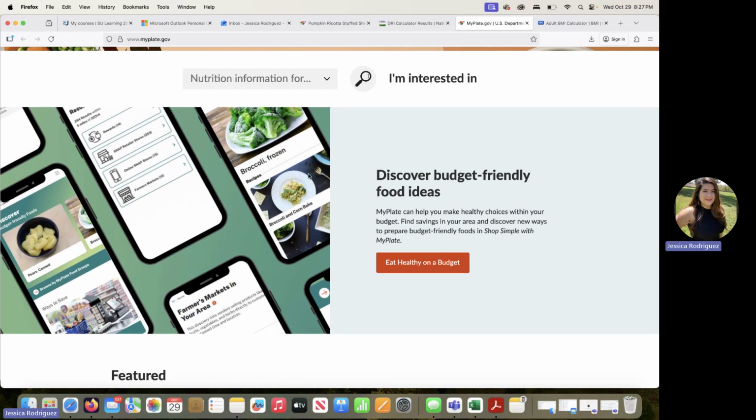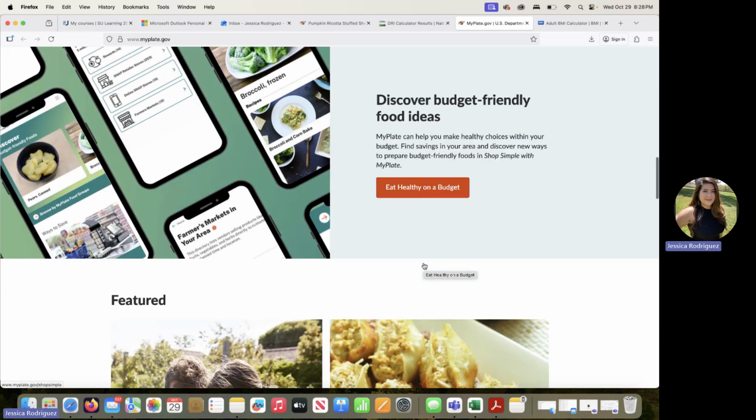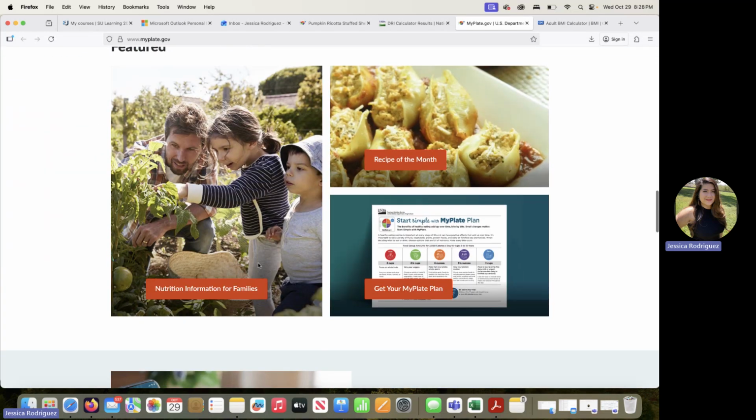Another cool tip is that they have this, which is also a helpful guide to help people when they're shopping and they want to stay on a budget, but they also want to eat healthy. So I think that's wonderful as well. If you scroll down here, they have some information for families, and they also have recipe of the month.